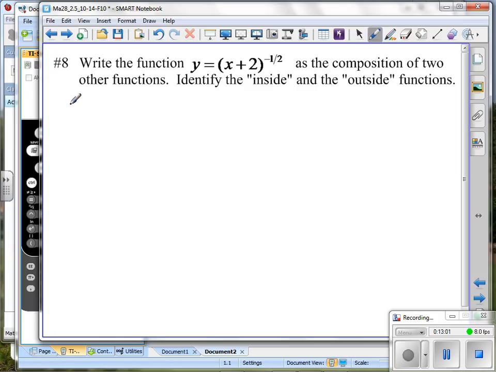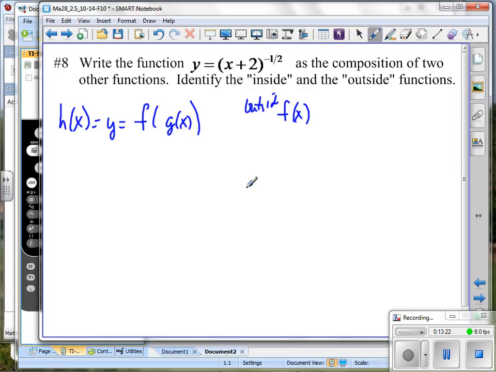Okay, so if I'm going to look at this, let's call h of x, and we can let y equal h of x, and let's say that it's f of g of x. So we're going to identify f of x as the outside function, and we'll identify g of x then as the inside function.